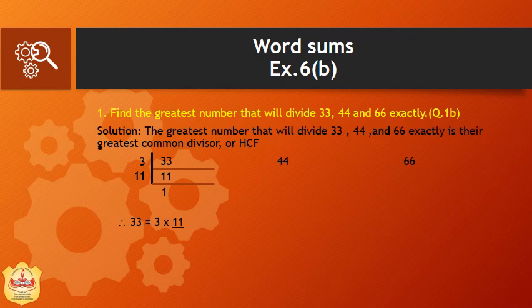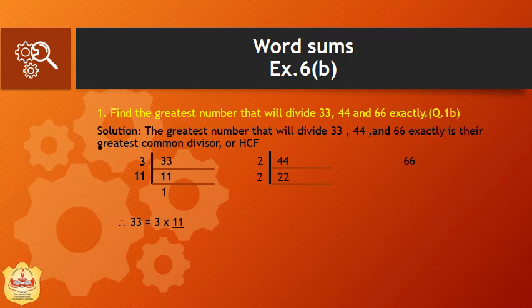Now let's come to 44. So children, 44 is an even number. So it can be divided easily by 2. So first we will divide 44 by 2. And when we divide 44 by 2, what will be the quotient, children? It will be 22. Now again, 22 is an even number, so we can divide it by 2. So let us divide 22 by 2.